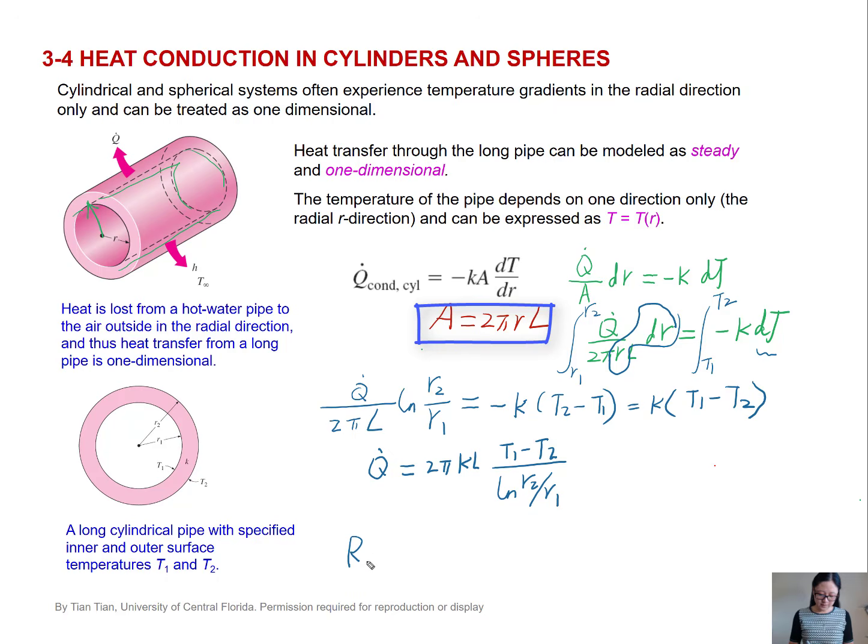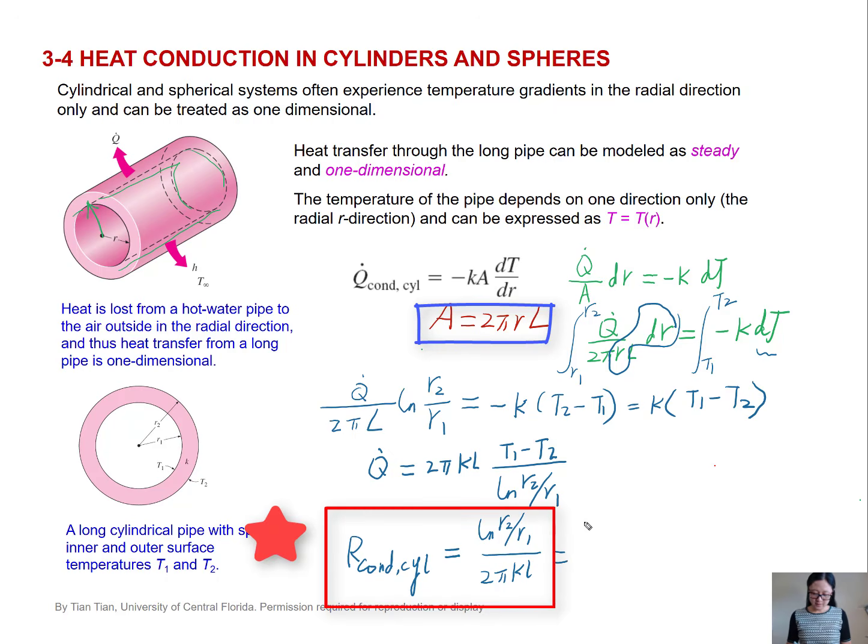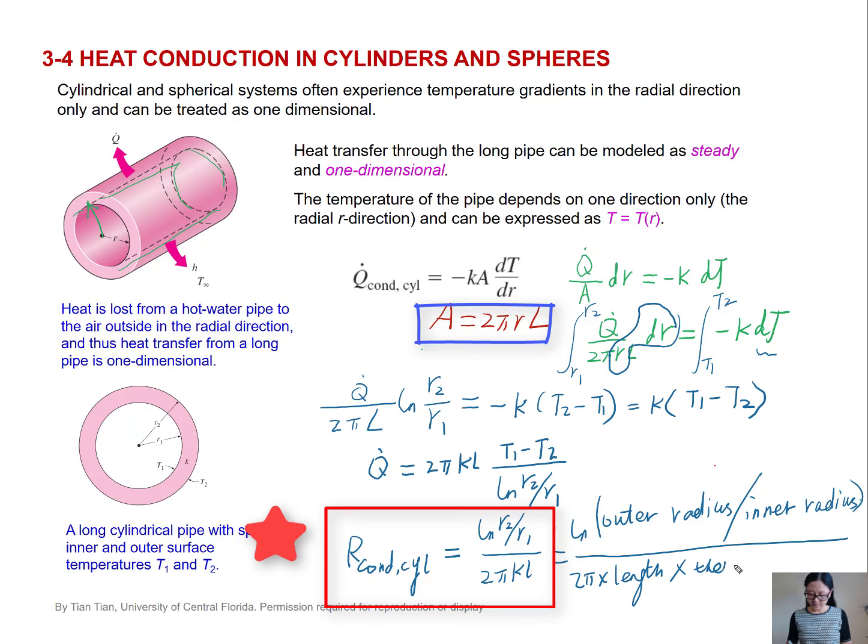So the conduction resistance of this cylinder is log r2 over r1 divided by 2 pi k L. In words, it is the natural log of outer radius divided by inner radius, divided by 2 pi times the length of the pipe times the thermal conductivity of the pipe.